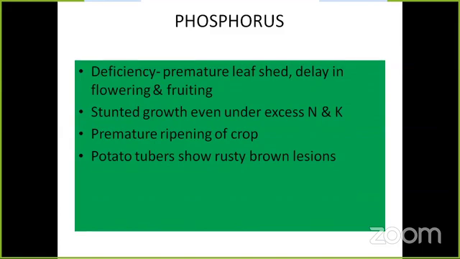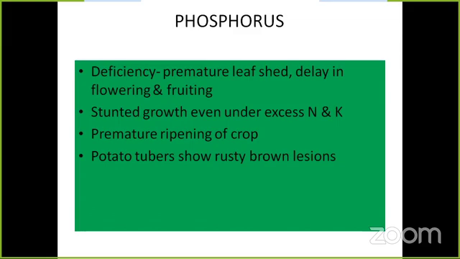With further deficiency, premature leaf shedding, delay in flowering and fruiting, and stunted growth happen, even under excess of nitrogen and potassium. You see here the synergistic reaction. If nitrogen and potassium are there properly but phosphorus is not, then there will not be much activity, there will be stunted growth.